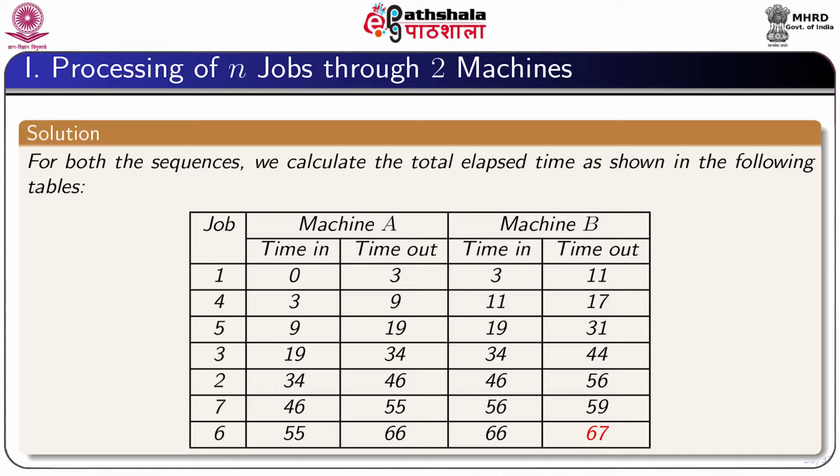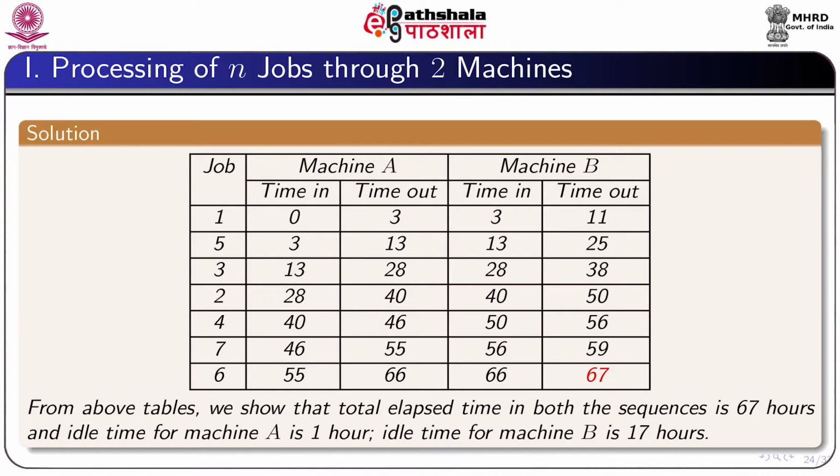For the first sequence, this slide shows the total elapsed time is 67 hours, and for the second sequence, the total elapsed time is also 67 hours, and the idle time for machine A is here 1 hour and the idle time for machine B is 17 hours.